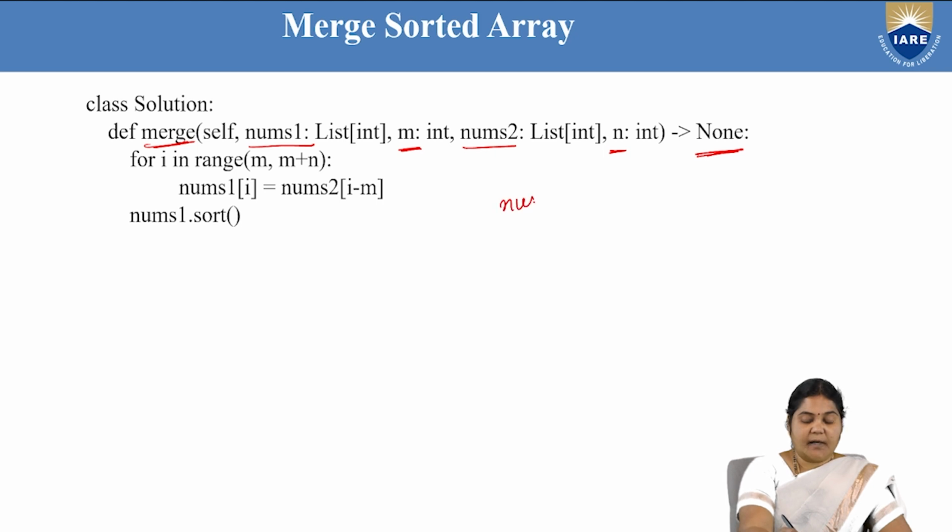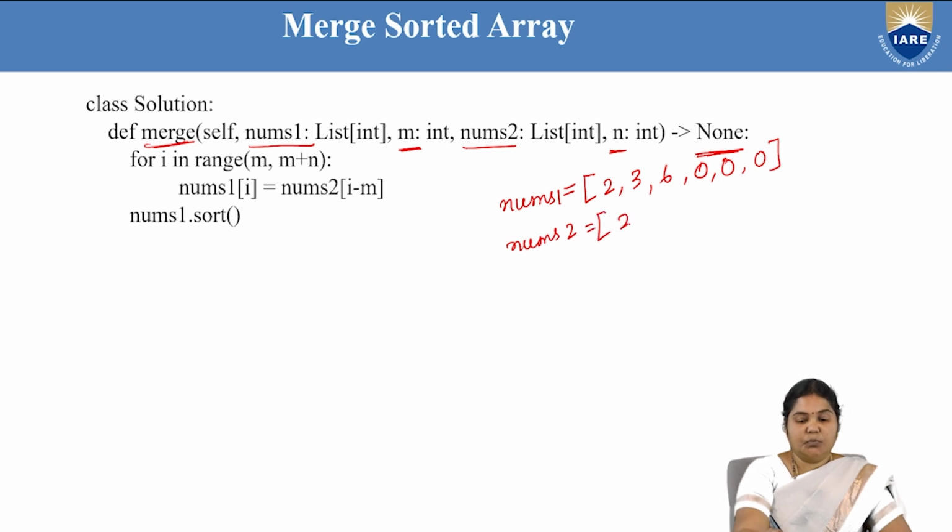Here our nums1 is containing some values, let us understand 2, 3, 6 suppose it contains, and 3 places are empty: 0, 0, 0. And suppose nums2 contains the values 2, 5, 4.